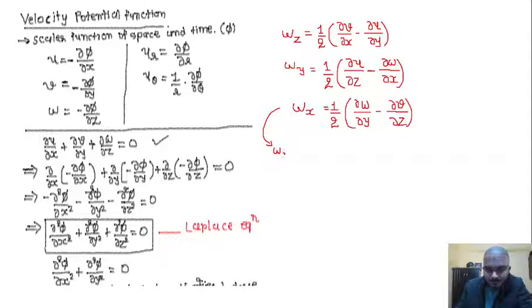So omega x is equal to half of del over del x minus del phi here, del y over del z, minus del over del z minus del phi over del y.